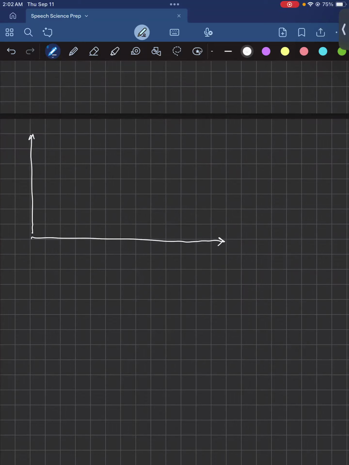So once again, I have my waveform, and we know that it's a waveform because of two things. So the x-axis is representing time, and this will usually be in seconds, and the y-axis is representing amplitude, and this will usually be in decibels.